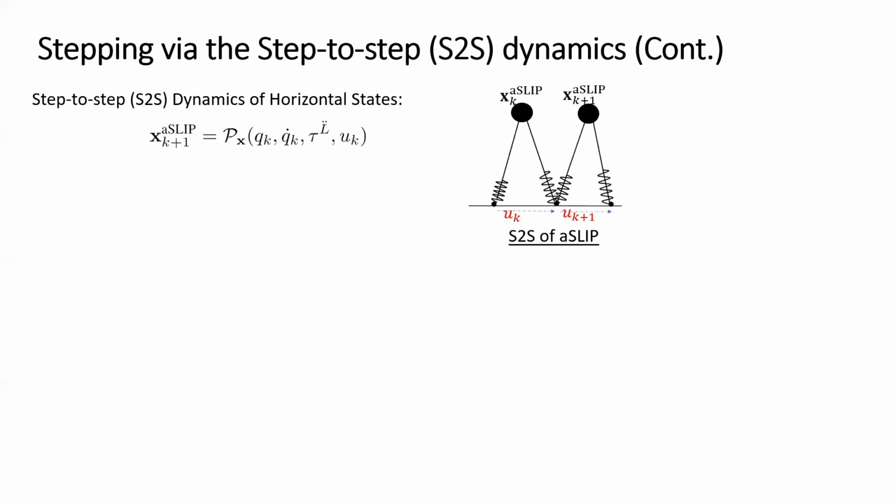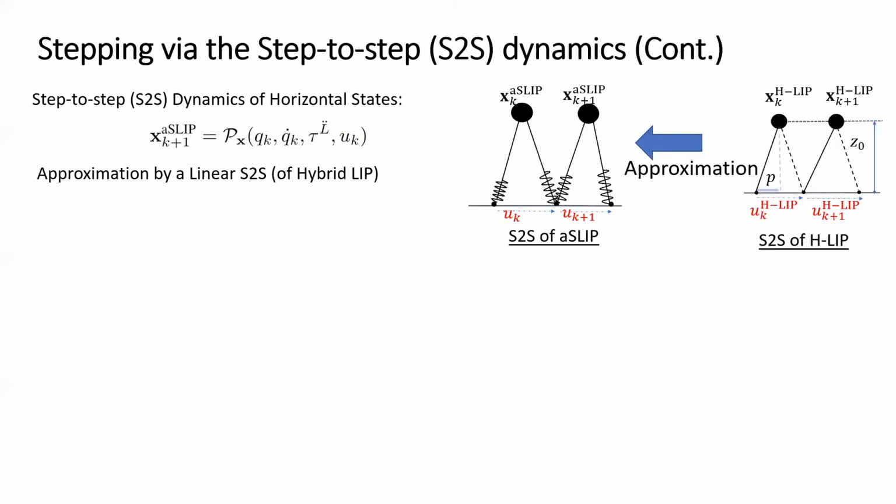Thus, we consider approximating the nonlinear dynamics by the linear step-to-step dynamics of the hybrid LIP model. The step-to-step dynamics of the A-SLIP is then written in this way, where w is the dynamics difference between the two models.